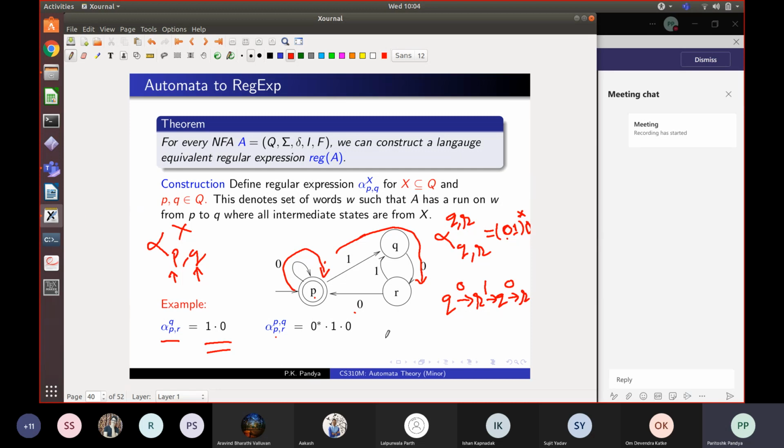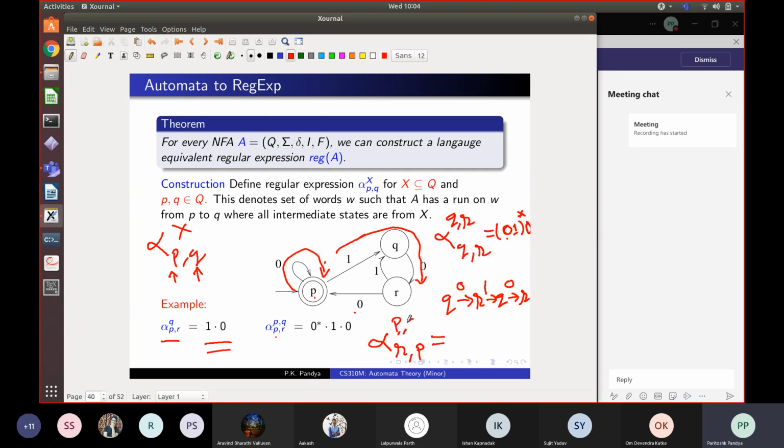So can somebody calculate for me this exercise? Alpha of RP with intermediate states Q, R. What will this be? So you have to start with R, you have to end up with P, and in between you can visit, oh sorry, I'm making a mistake.